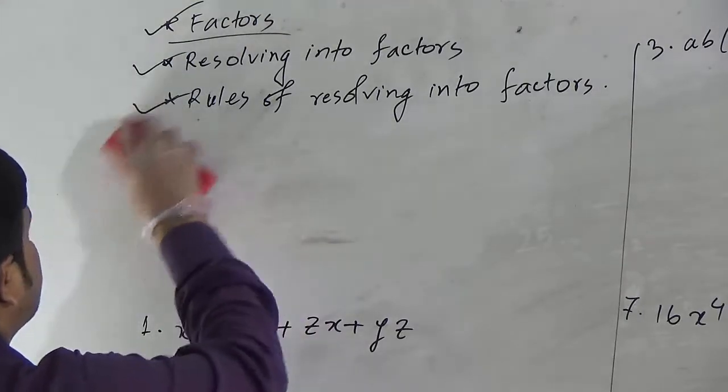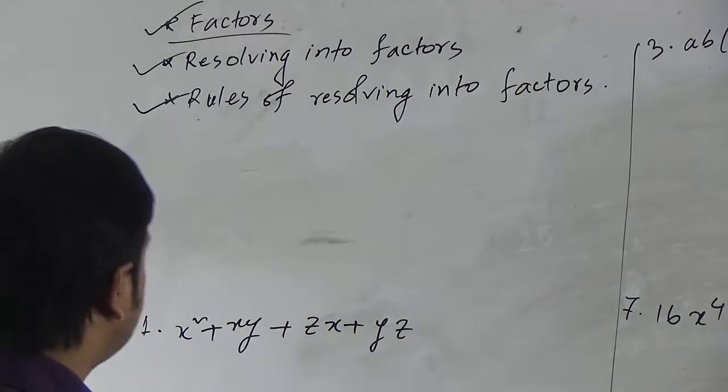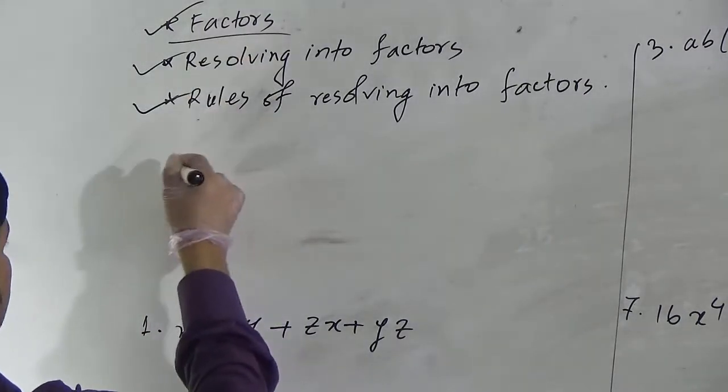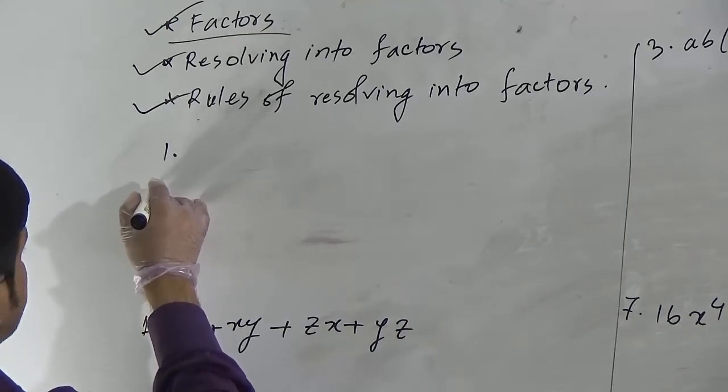Then the next rule is, if we don't get any common factor, then we have to try to apply the formula. We have 3 formulas for this chapter.